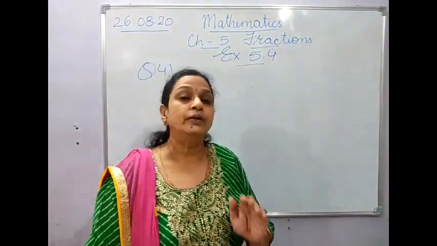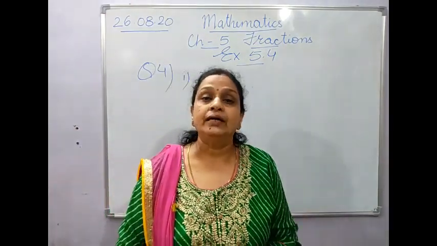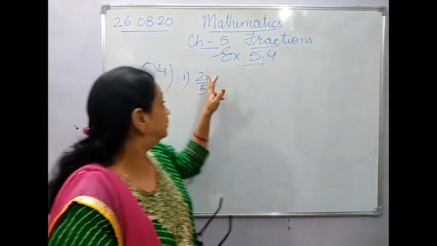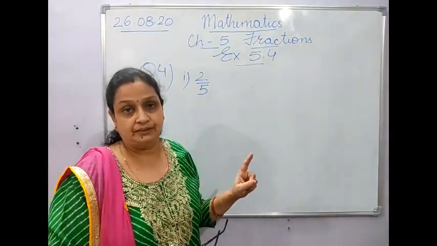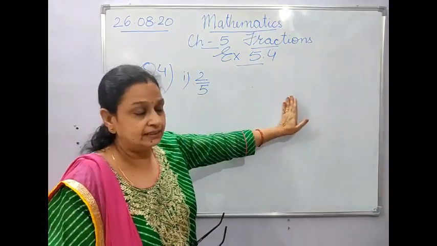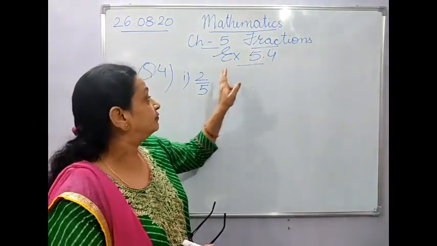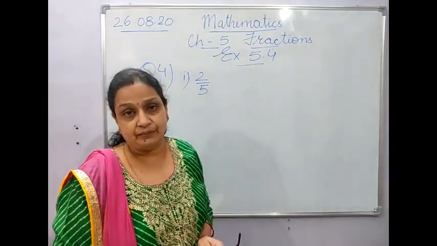And I have told you that when we make equivalent fractions, we multiply the numerator and the denominator with the same number. Could you get it? When we have to get the equivalent fraction, we will multiply the numerator and the denominator with the same number.